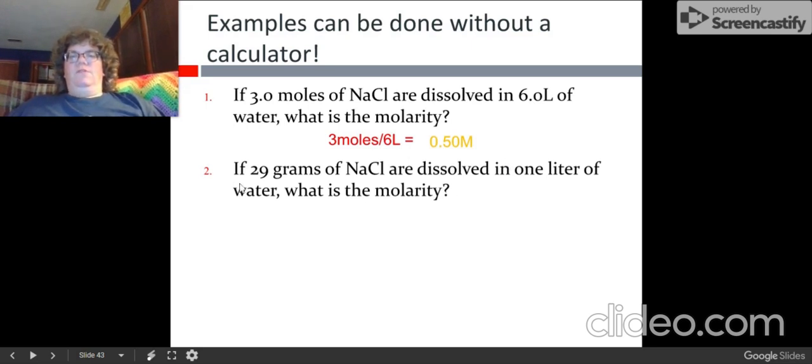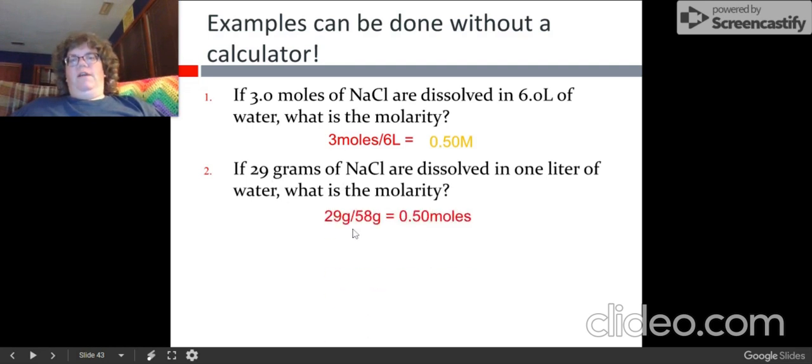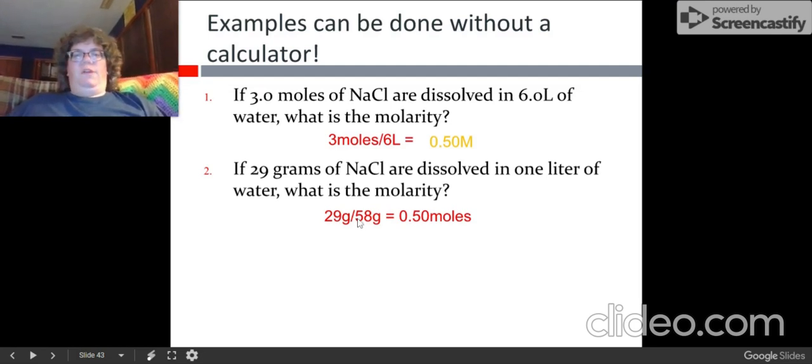Try this one. If 29 grams of sodium chloride are dissolved in 1 liter of water, what's the molarity? Remember, molarity is moles per liter, but here we have grams. So the first thing we need to do is convert grams to moles. 29 grams divided by 58 grams, which is the number of grams in 1 mole of sodium chloride. That came straight from the periodic table: the amount for sodium and chlorine, added together.